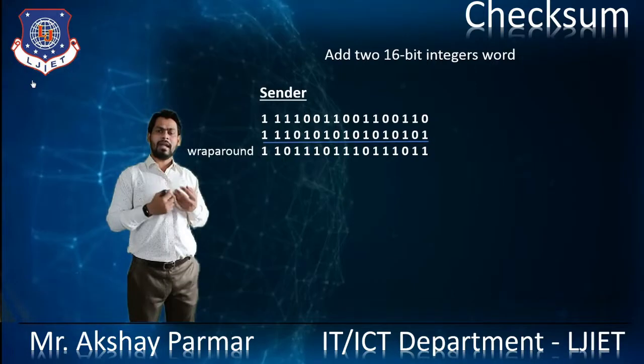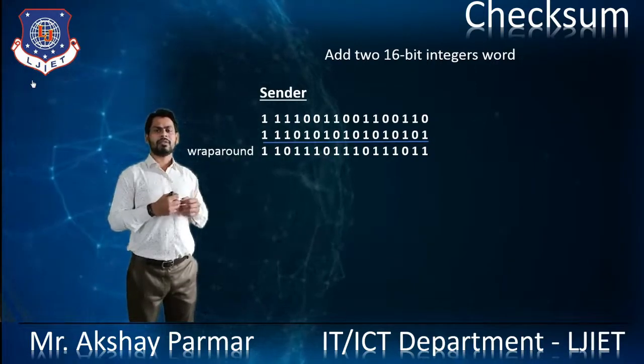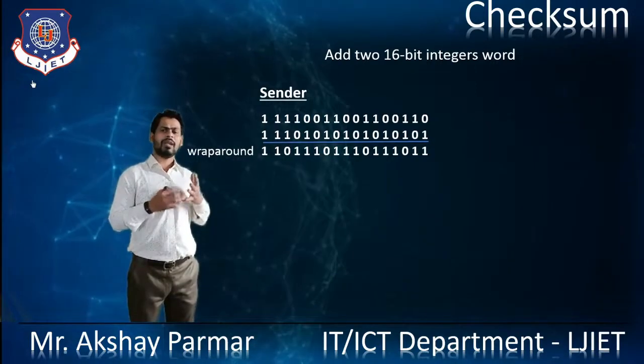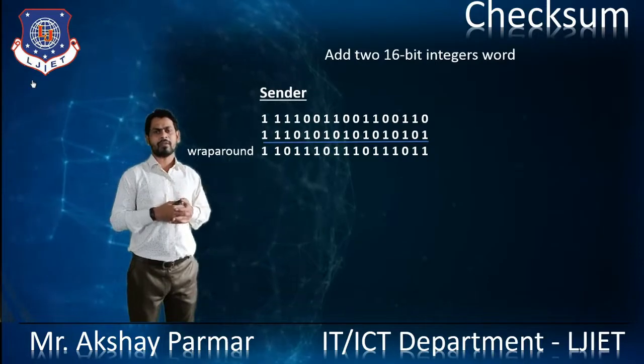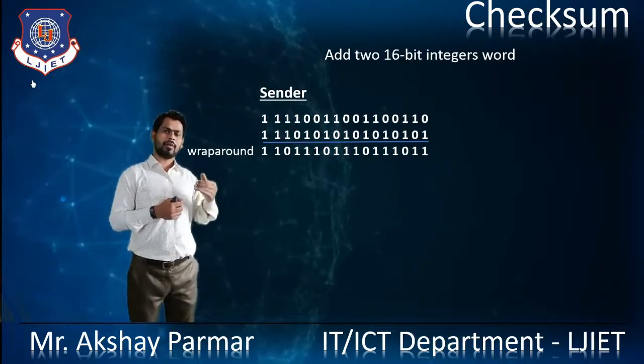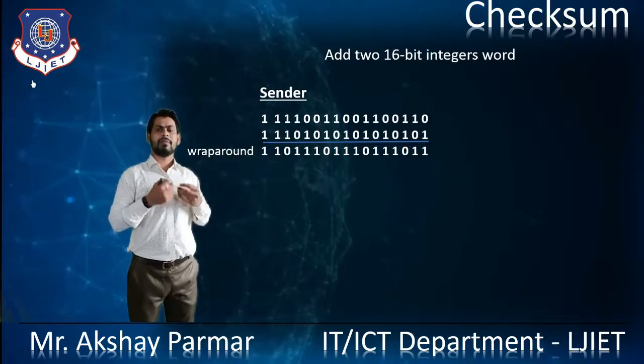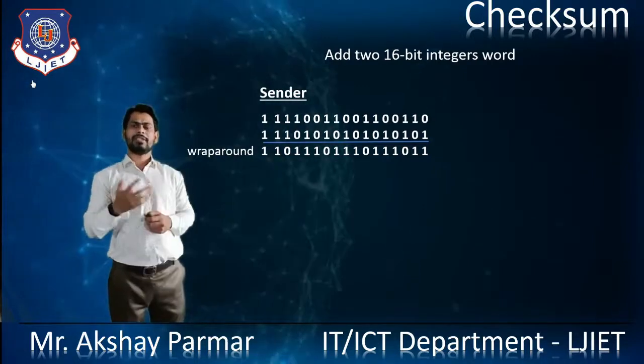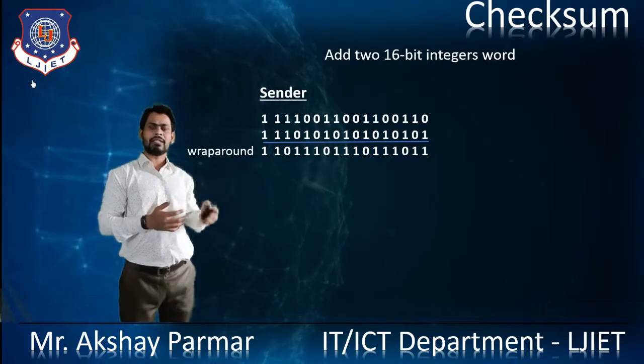That's how we add binary numbers. Let's begin from the end to see how the summation works. The last digits of both words are 0 and 1.